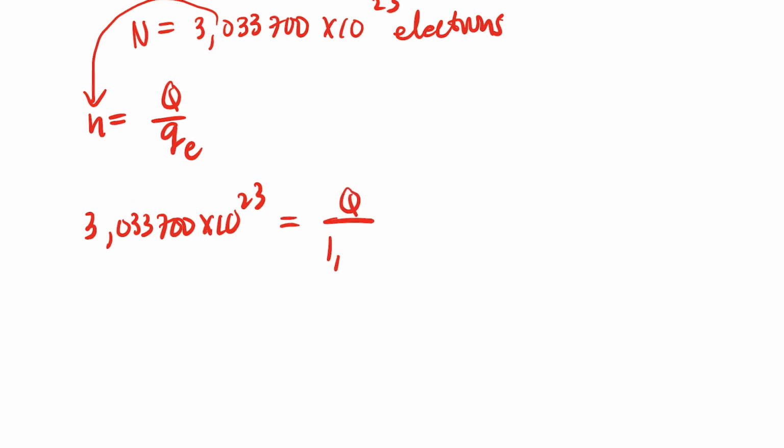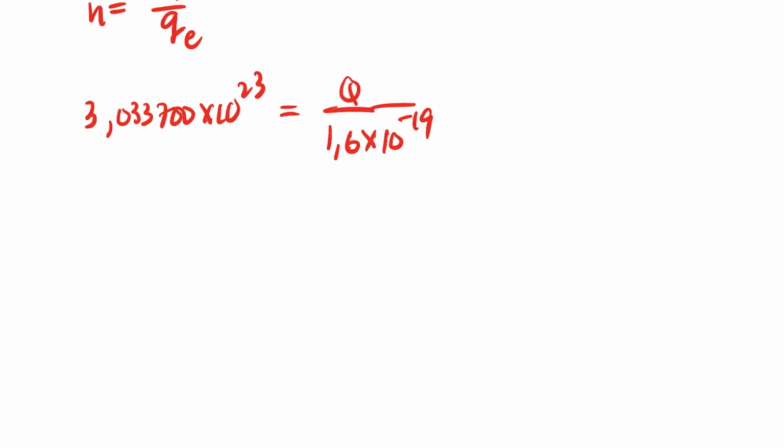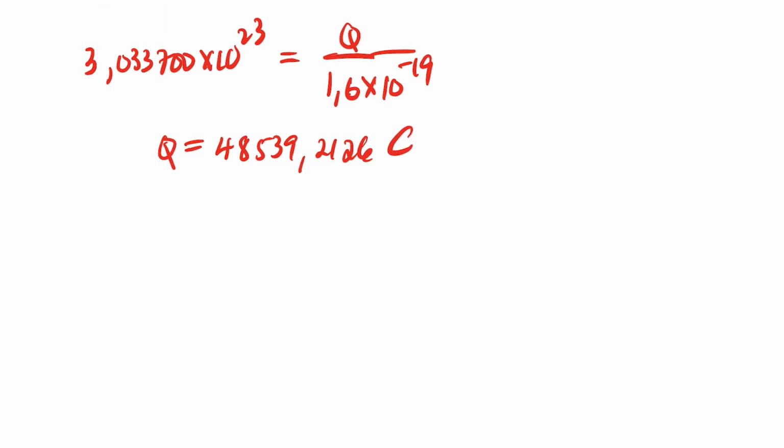We want Q, so we times by the elementary charge, which is 1.6 times 10 to the power negative 19. The answer, the Q, is 48 216 coulombs.